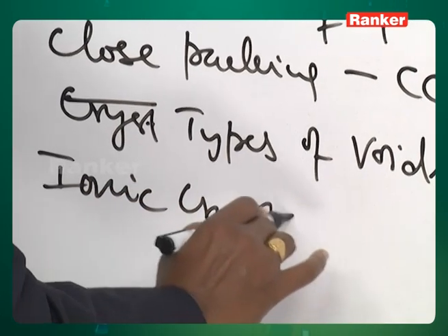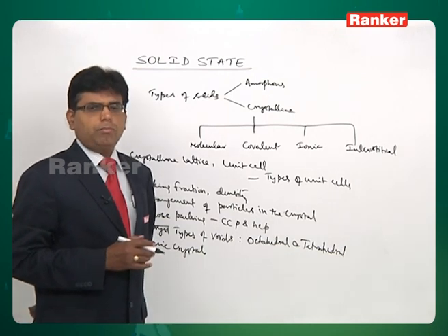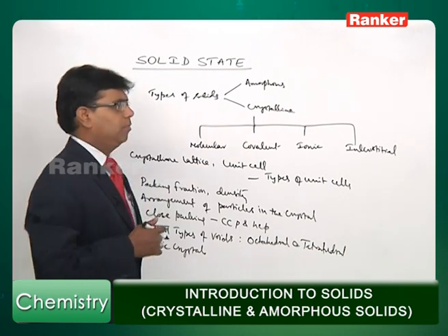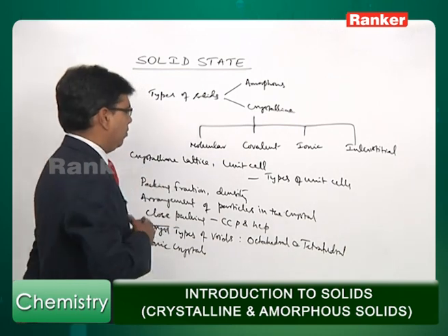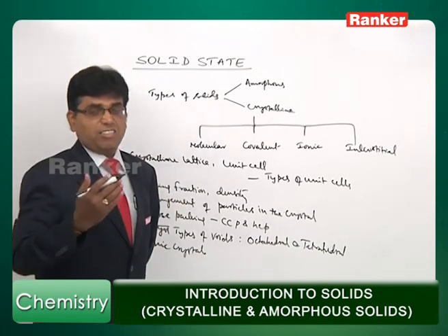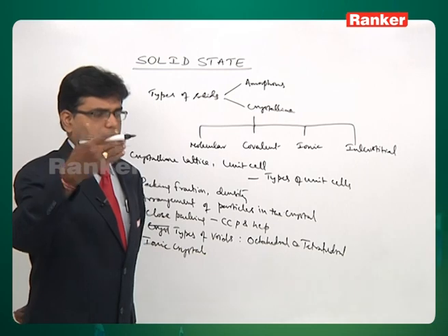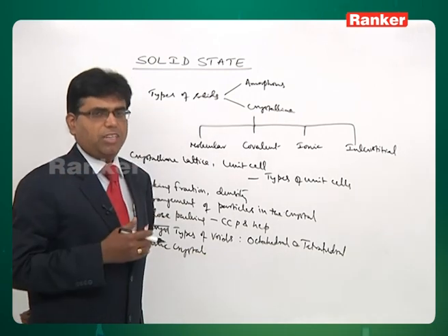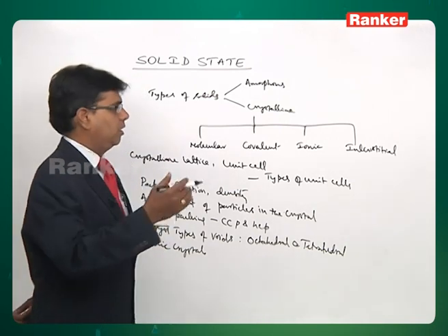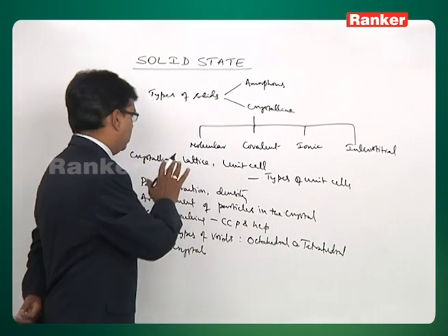In the ionic crystals again we have different types: sodium chloride, rock salt type, cesium chloride type, then zinc sulfide, fluorite, antifluorite, wurtzite, all these different types, how the ions are arranged, how many voids are occupied in that. Then finally crystal defects. Due to crystal defects, what properties of the crystal are going to change and what are the effects of crystal defects. Then electrical and magnetic properties of crystalline solids. This is the overall picture, the overall contents that we should discuss in this chapter.